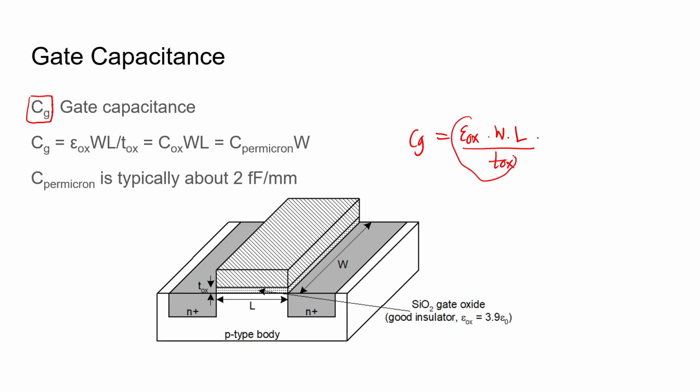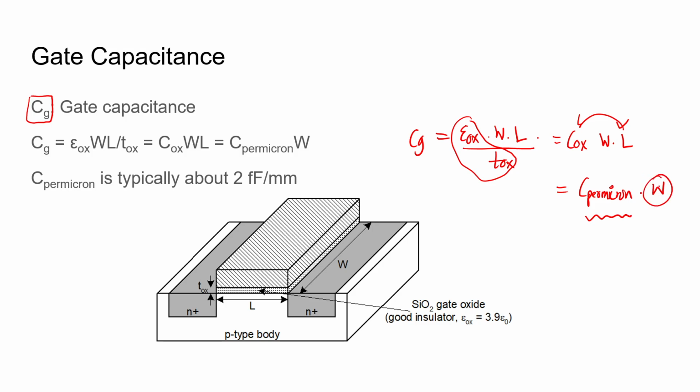This epsilon oxide over T oxide is denoted as capacitance oxide, Cox, times W times L. Sometimes we combine these terms to rewrite this as C per micron times W. This C per micron just says how much our gate capacitance increases as we increase the width of our device.